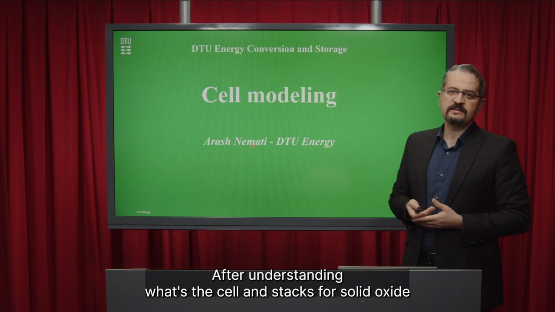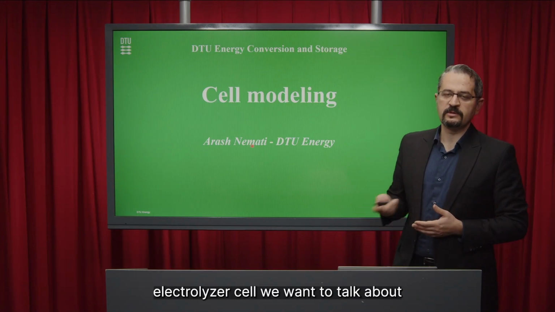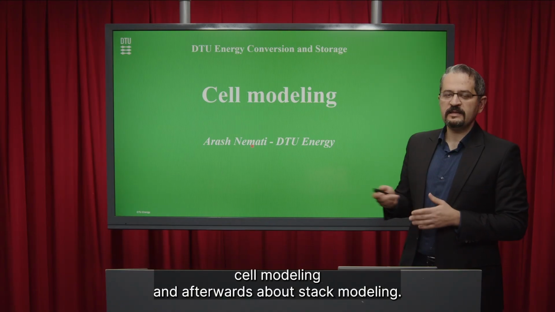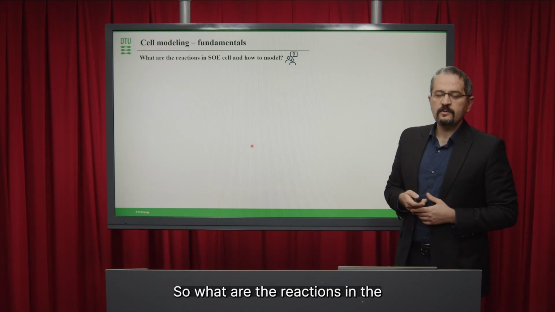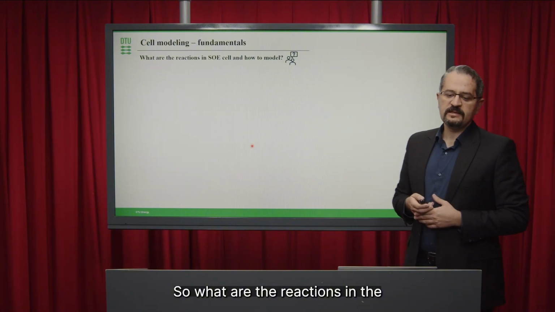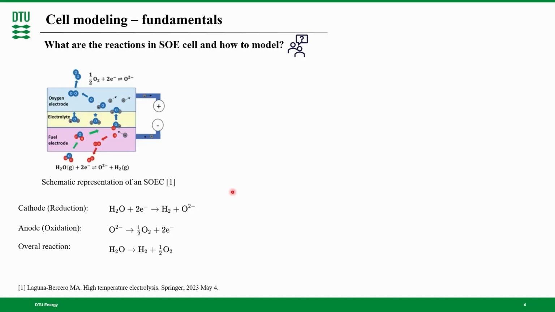After understanding what the cell and the stack are for a solid oxide electrolyzer cell, we want to talk about cell modeling and afterwards about stack modeling. So what are the reactions in the SOEC cell and how to model them?